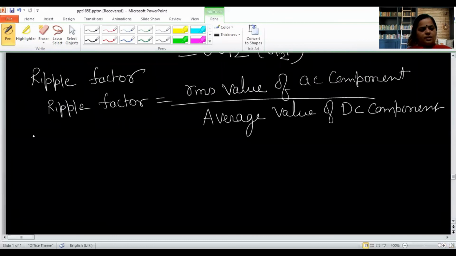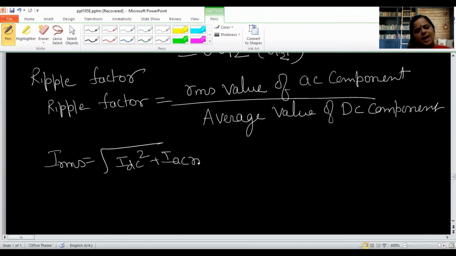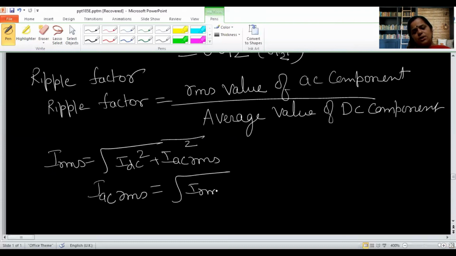So we know that the RMS value of load current has the DC component as well as the AC component. If I calculate IAC RMS, that is equal to the square root of IRMS square minus IDC square.